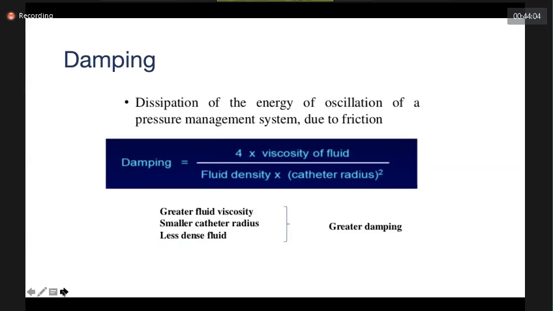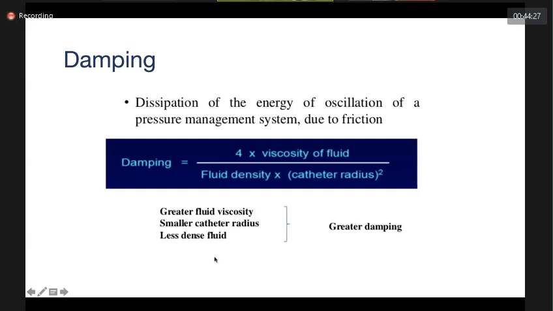Suppose you have high resonance, low resonance, tubes are not good, air is entrapped, clots are there, or your catheter is going and hitting the muscle wall of the ventricle, then waveforms will be damped. The energy will be dissipated from the catheter coming into the transducer system.